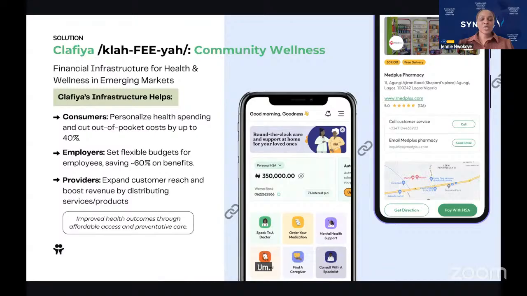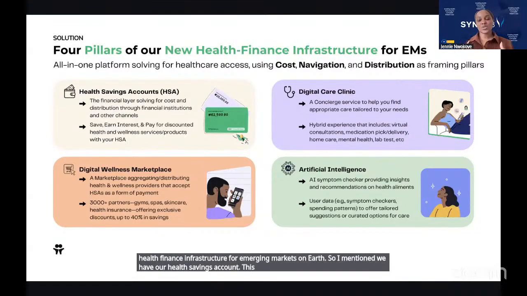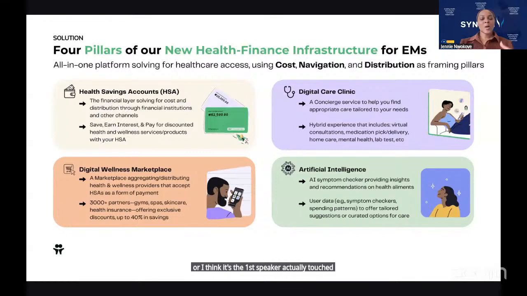There are four different pillars to our healthcare finance infrastructure for emerging markets. So I mentioned we have our health savings account. This health savings account allows us to distribute through the financial services system. So I believe the previous speaker, or I think it's the first speaker actually, touched on companies building a super app.